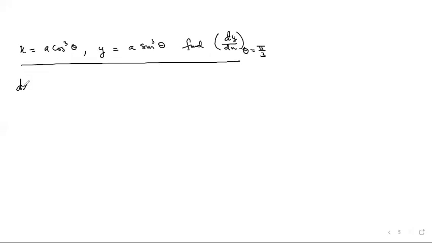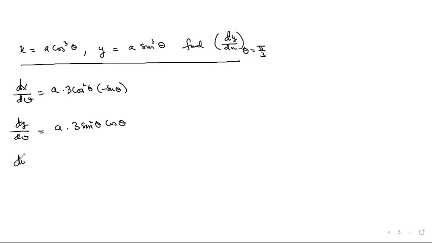So dx by d theta became a into 3 cos square theta into minus sin theta. dy by d theta became a into 3 sin square theta into cos theta. dy by dx became a into 3 sine square theta cos theta divided by a into 3 cos square theta into minus sine theta.